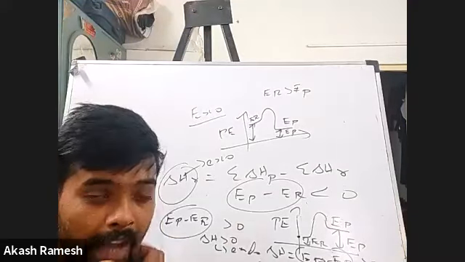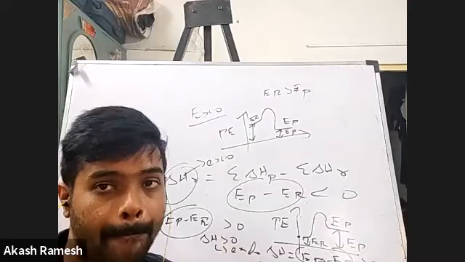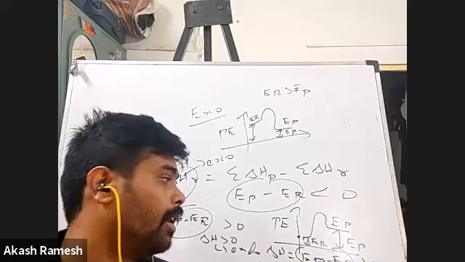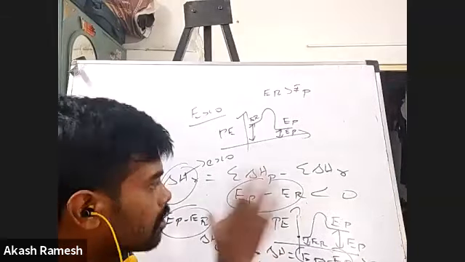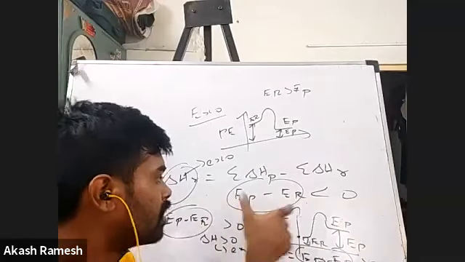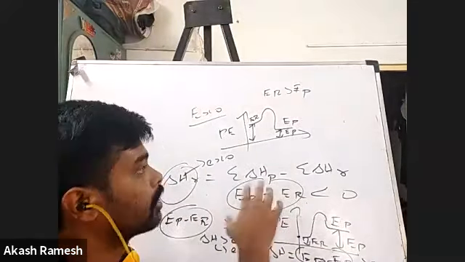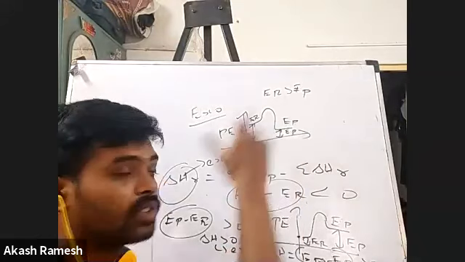So from the graph, you will be able to see that. One more thing you'll be able to tell. So far we have talked about the absolute energies of reactants and products.